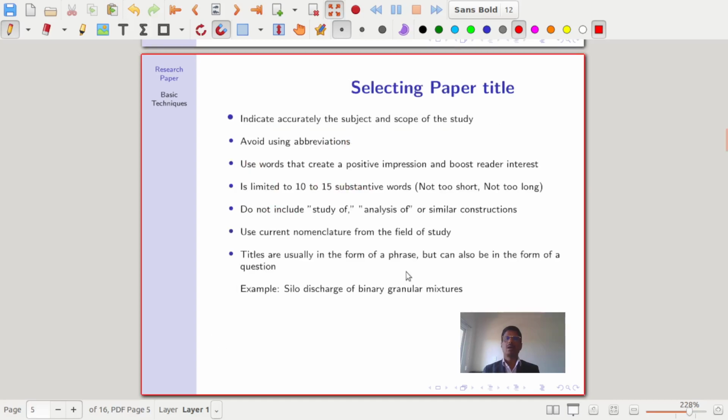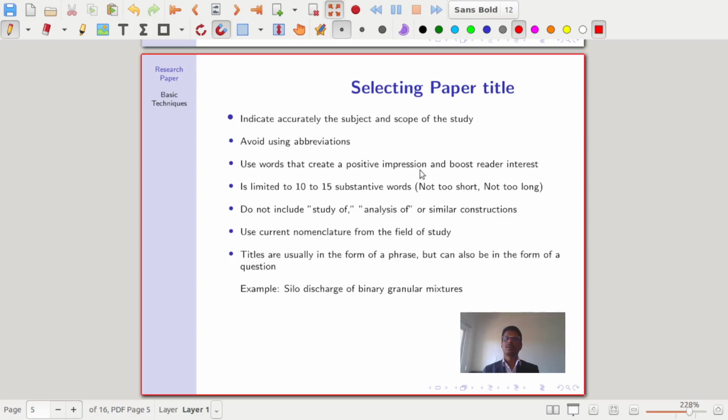How to select the paper title? The paper title indicates the subject and scope of the study. You should avoid using abbreviations. The paper title should create a positive impression which boosts the reader's interest.